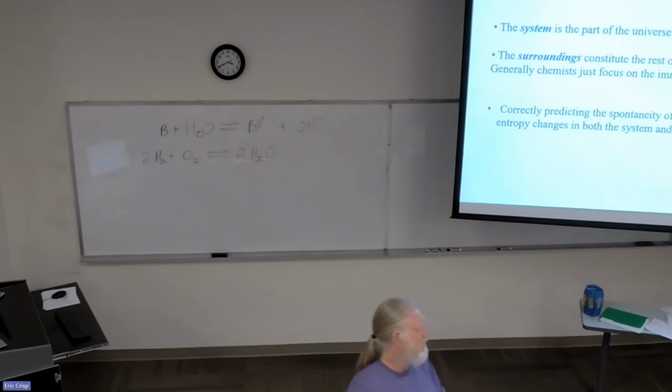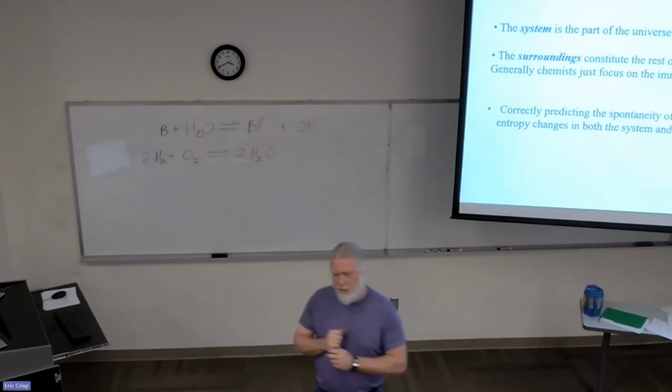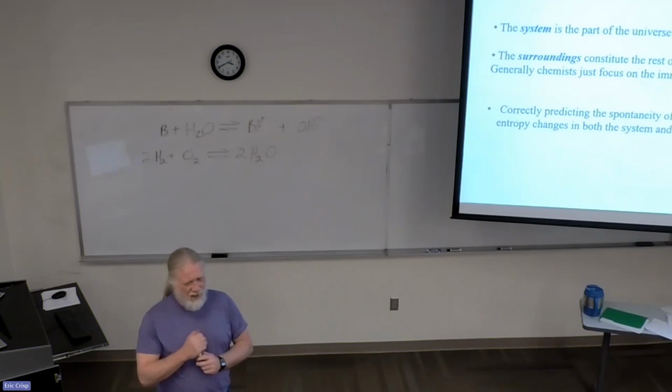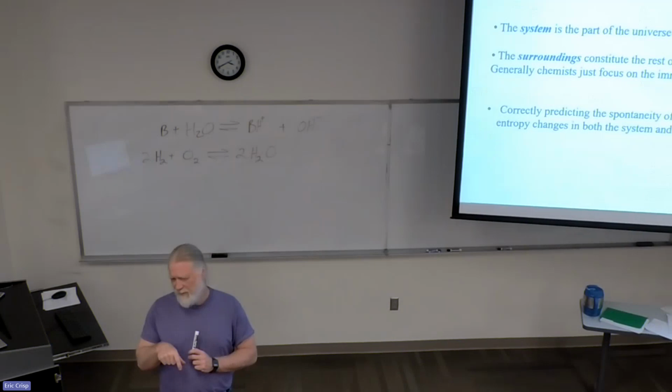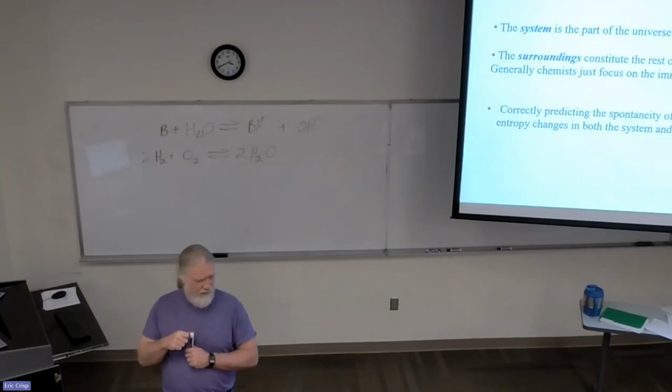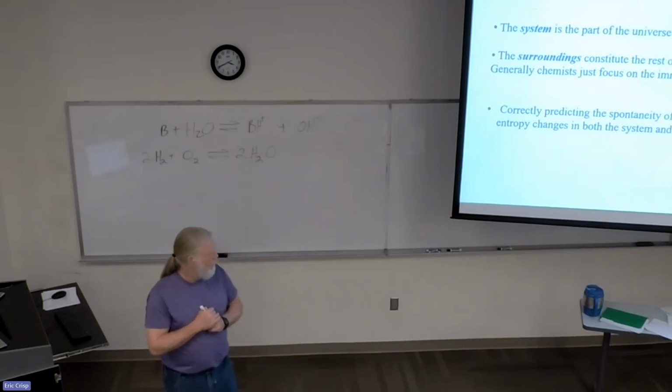Where it comes up a lot is that I'll have a reaction occurring in an aqueous solution, and I want to call the water molecules my surroundings. I think that's confusing, but it's not the reaction itself. I want to call just the reaction itself the system, and the water around it the surroundings.